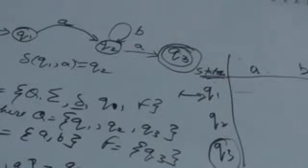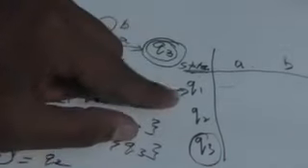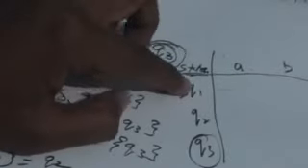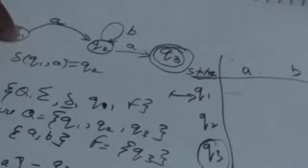Now write the transitions of these states. The entry of this table will be the next state. Suppose in row Q1 and column A, in this entry we will write the transition of Q1 on reading an input symbol A. On reading input symbol A, when the machine is in state Q1, it jumps to Q2.